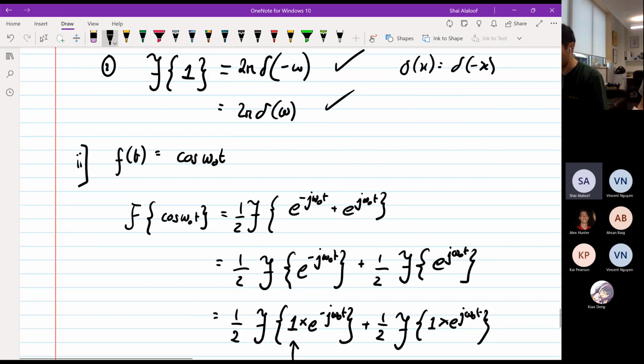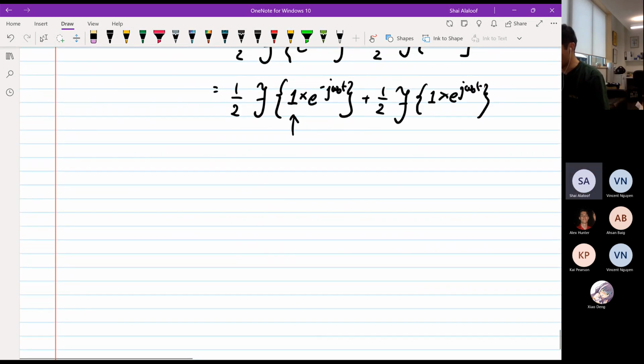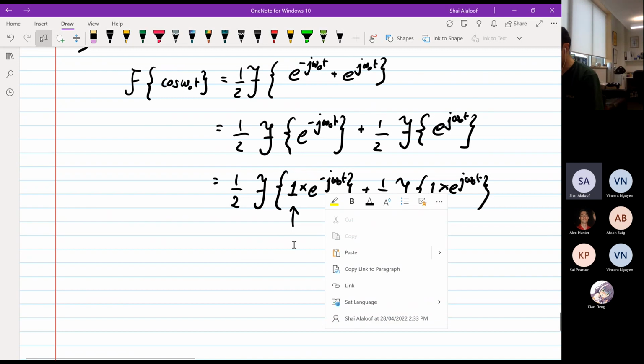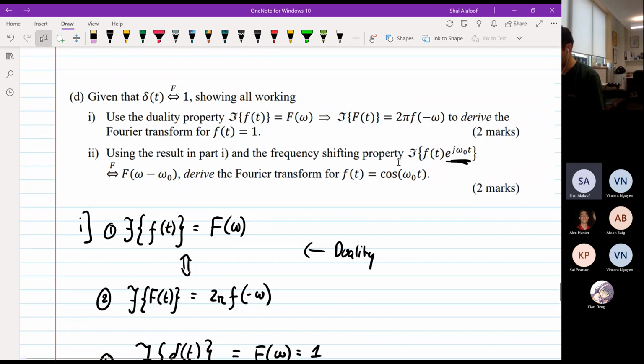We calculated it in part I. We know that if we add a phase in the time domain, that corresponds to a frequency shift in the frequency domain, because that's what the question told us. Phase shift in time domain, frequency shift in frequency domain.